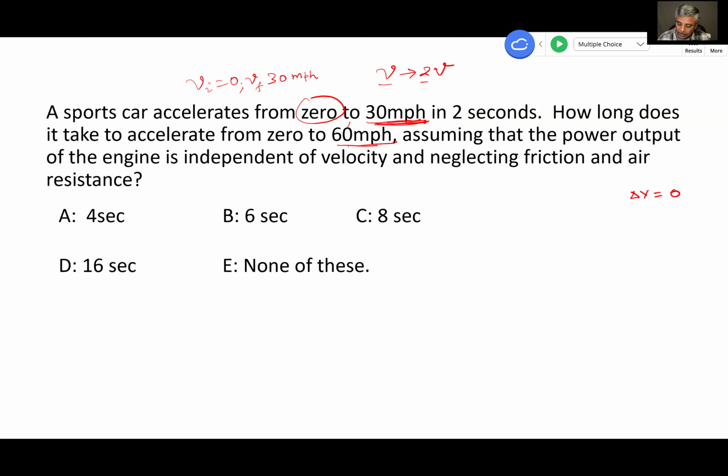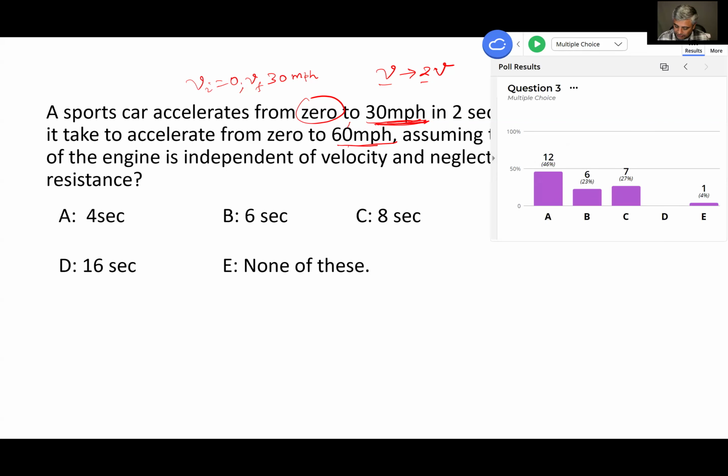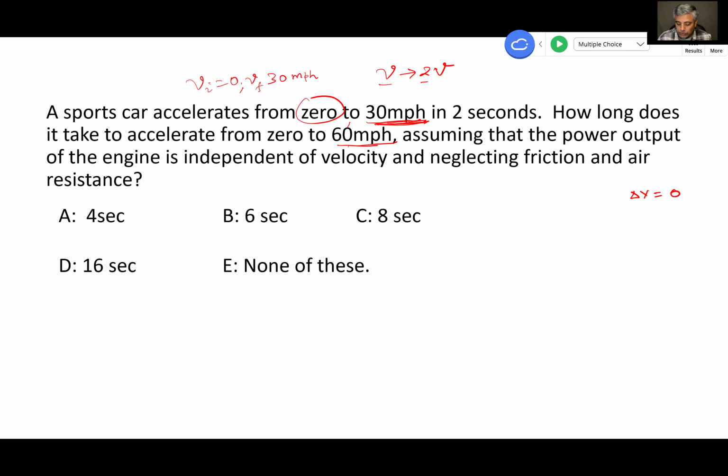Okay, let's see what we got here. We got varieties. But there is a majority in A. So T is 2 seconds for 30, so 4 seconds for 60. Straightforward, isn't it? But is it?